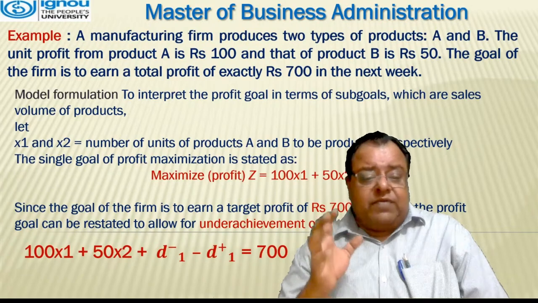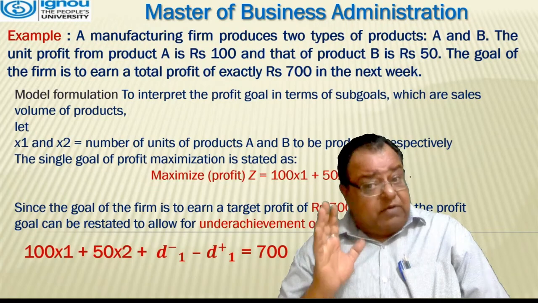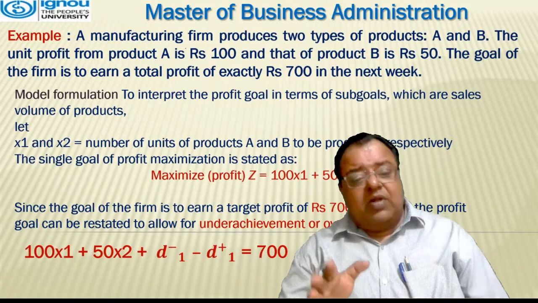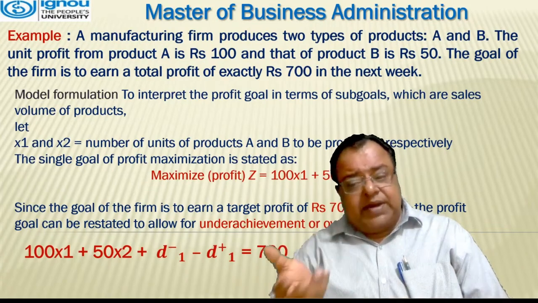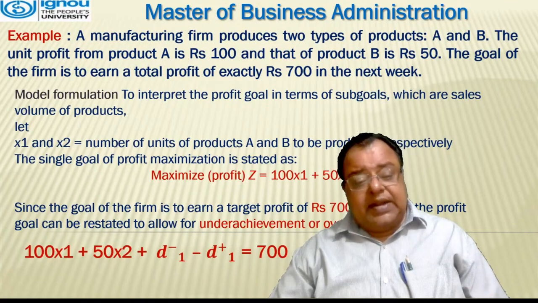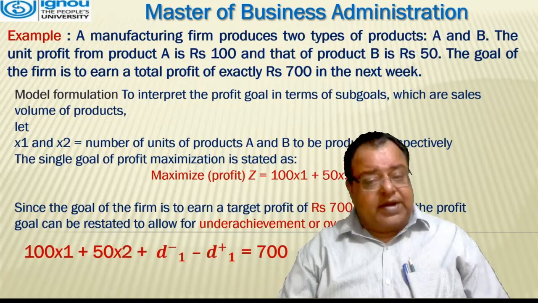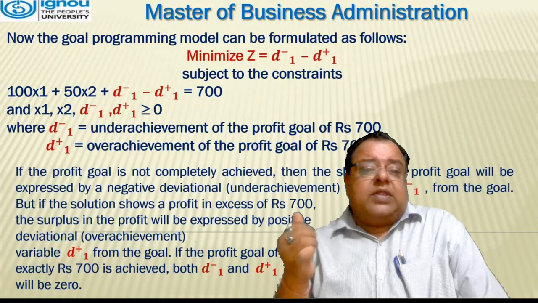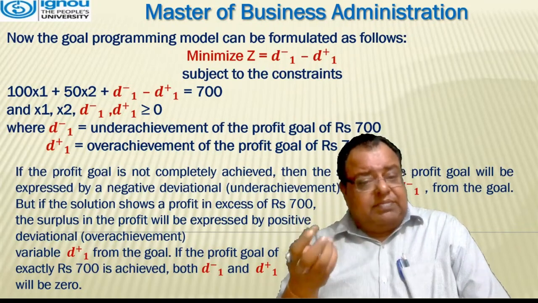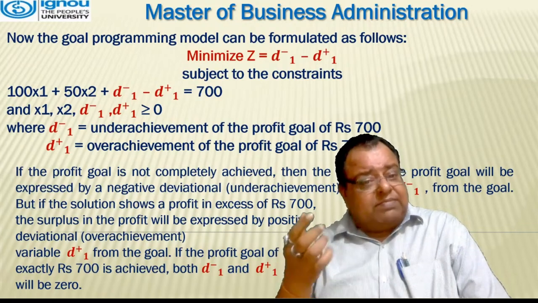Since the goal of the firm is to earn a target profit of rupees 700 per week, the goal can be restricted to allow for underachievement or overachievement as 100x1 plus 50x2 plus d1 minus minus d1 plus, which is equal to 700. Now, the goal programming model can be formulated as minimize z equal to d1 minus plus d1 plus, subject to the constraints.